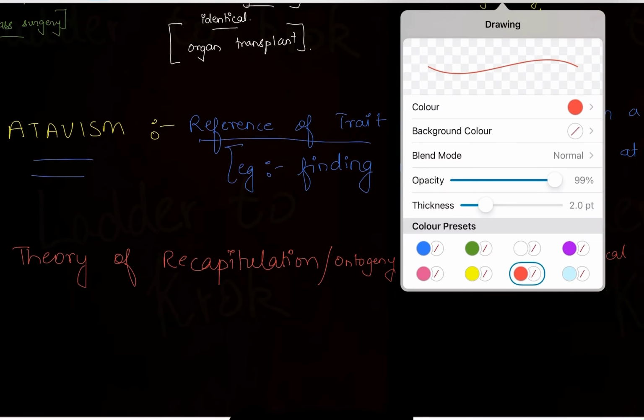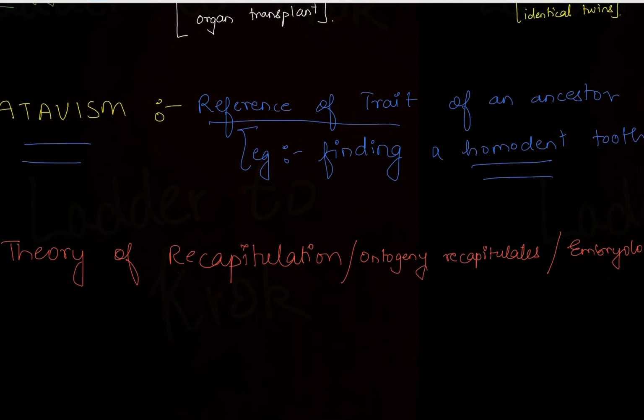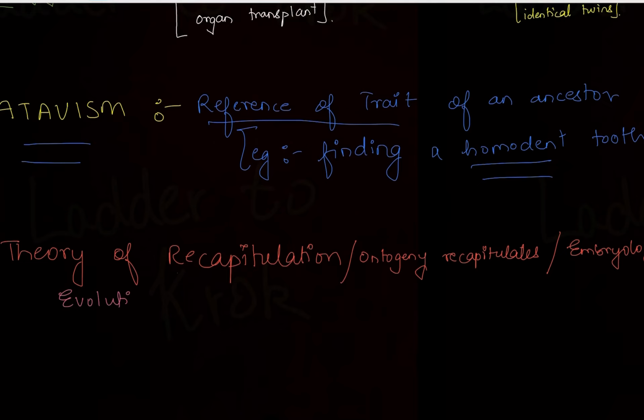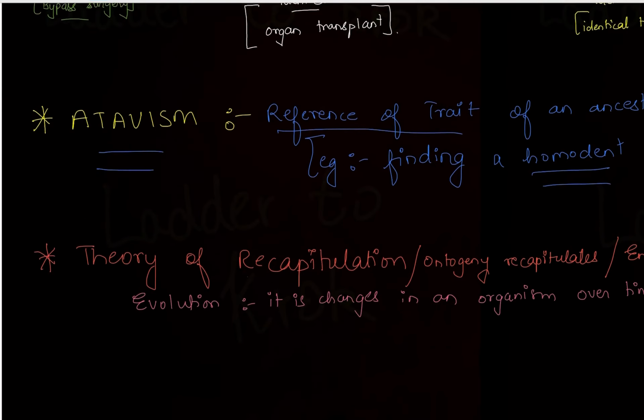Let's know. But before moving on with its detail, we should know what it means by evolution. Evolution is changes which take place in an organism over a time. It is changes in an organism over time. Okay, with time there are changes in the organism, right?